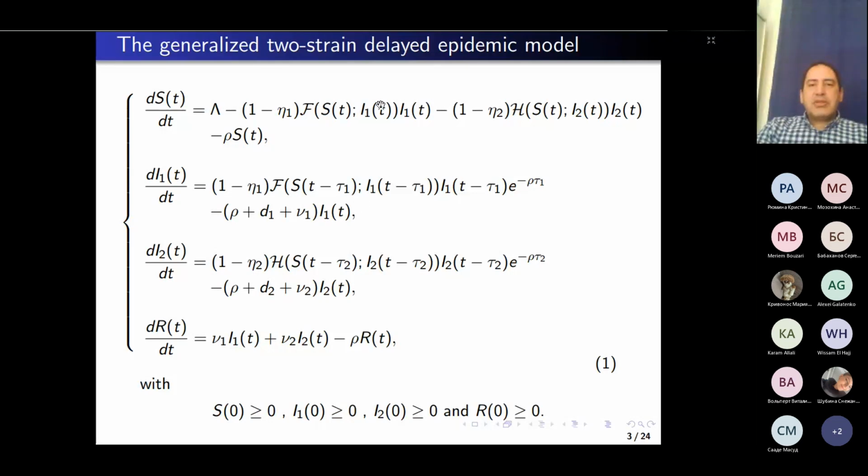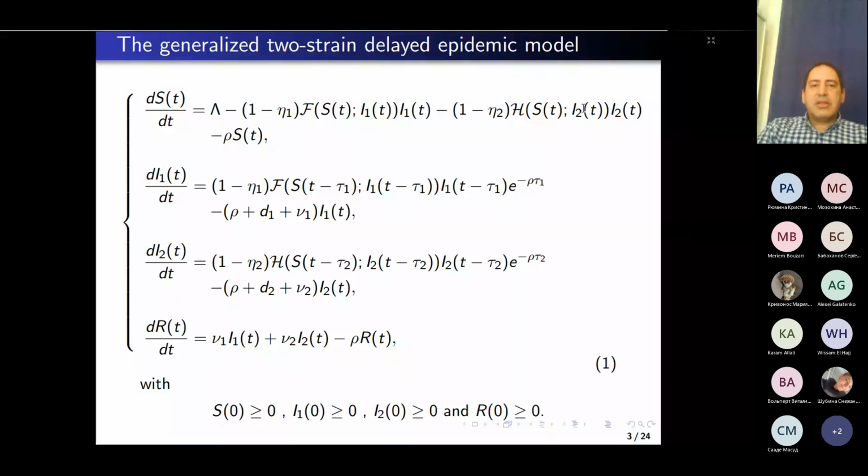What is interesting in this model is the two general functions f and h. F depends, of course, on the susceptibles and also on the first strain infected individuals. H, the second general incidence rate, depends on the susceptibles and the second strain infected individuals.